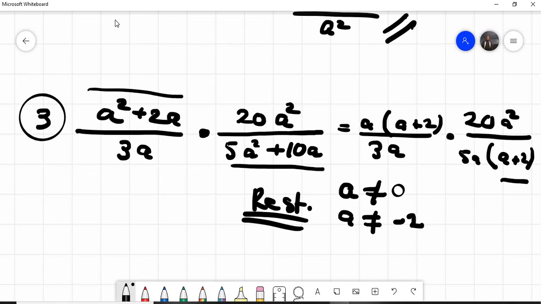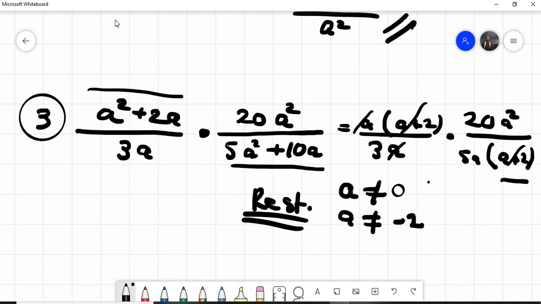Then the simplification is easy now. This a we can cancel out with this a, it doesn't matter which one. And a plus 2 we can cancel out with this a plus 2.